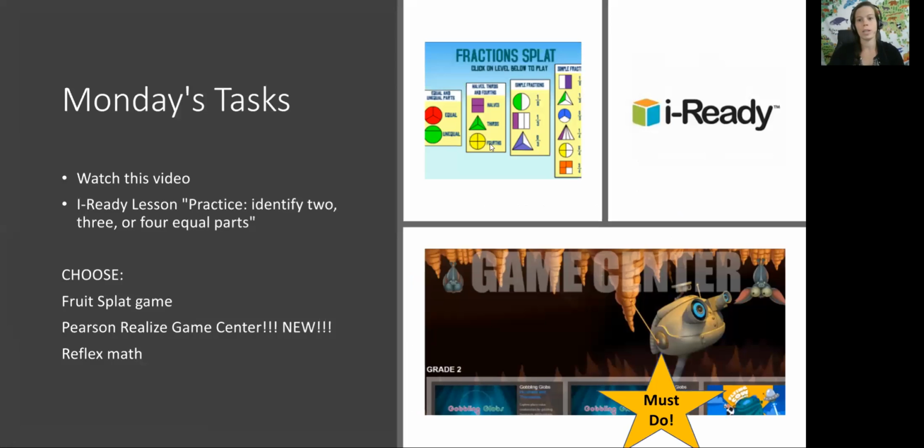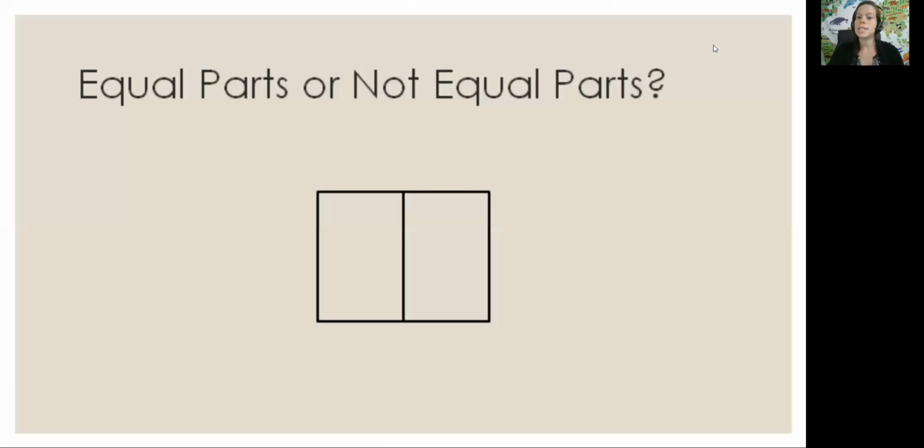I'll get to this one later. Okay, is this rectangle partitioned into equal parts or not equal parts? Yep, they are equal. Okay. How many parts or shares is this shape divided into? Two. So what do we call this piece right here?